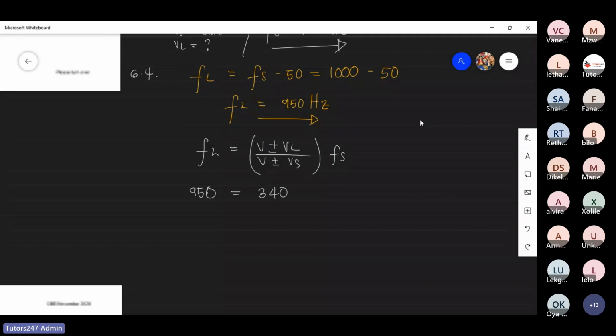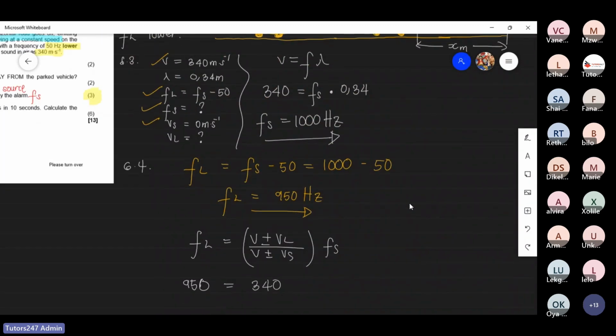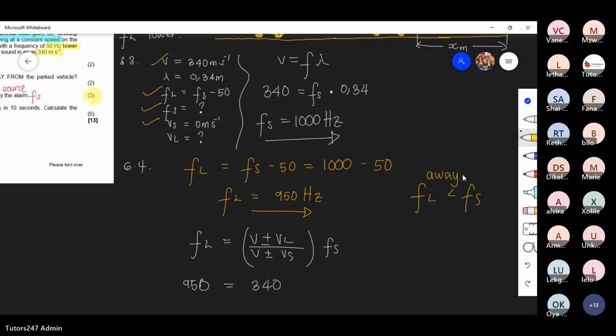So if you look at the frequencies of the listener and the source, you can see that the frequency of the listener is lower than the frequency of the source. That implies away. We were also told that this patrol vehicle detects a frequency 50 hertz lower than the source. So that is another indication that we are moving away.